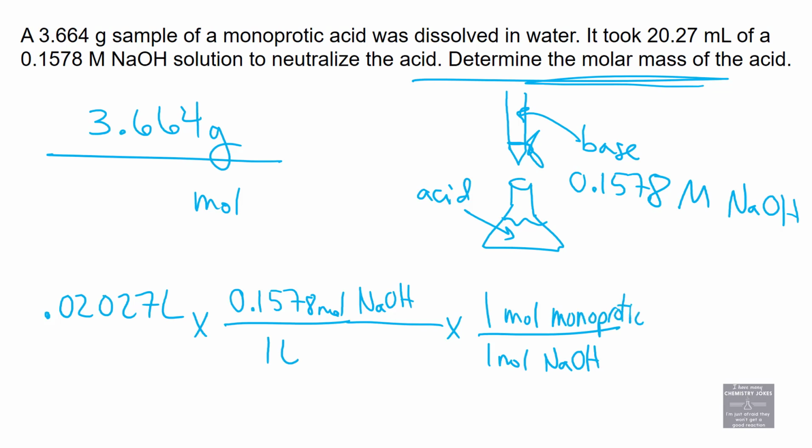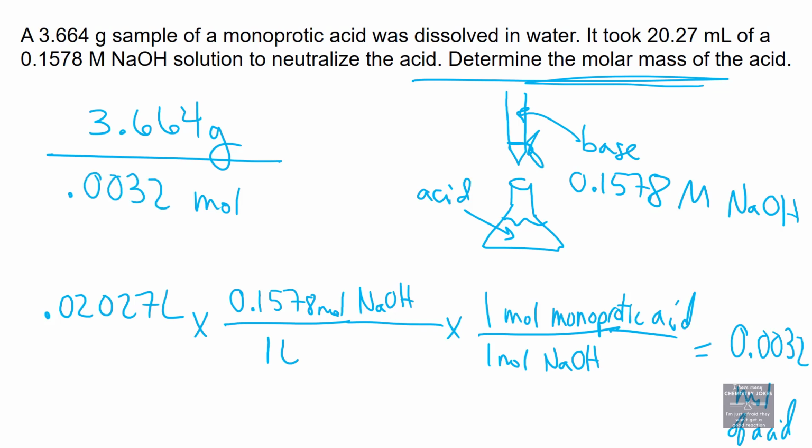Sure, that's helpful. That would tell me moles of acid. I do that math and I find I've got 0.0032 moles of acid. So I divide that grams by 0.0032 moles of acid, and I get a large molar mass of 1145 grams per mole.